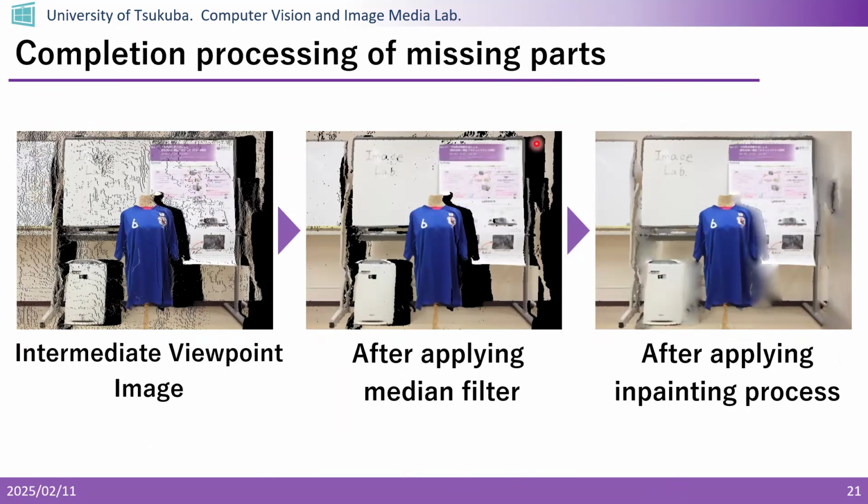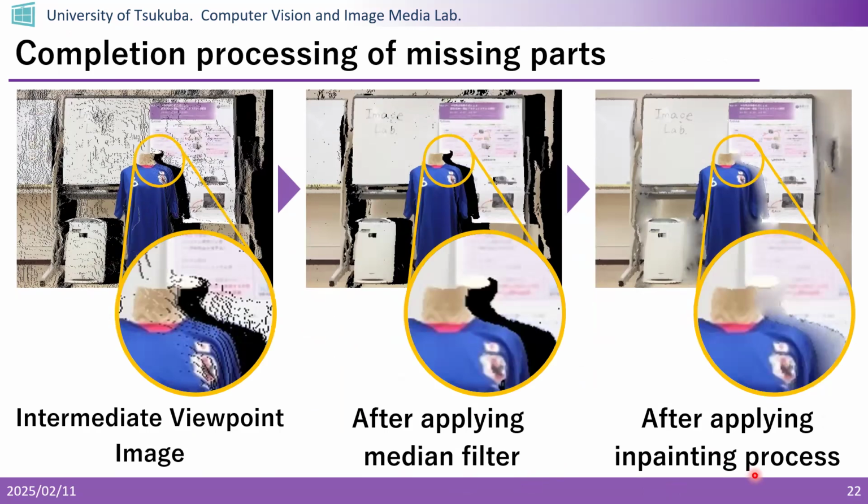As the first process, a median filter with a kernel size of 3 by 3 pixels was applied. As a second process, an inpainting process using Telea's algorithm was applied. This is a magnified view of a portion of the image. The median filter removes the fine noise, and the inpainting process fills in the black areas.